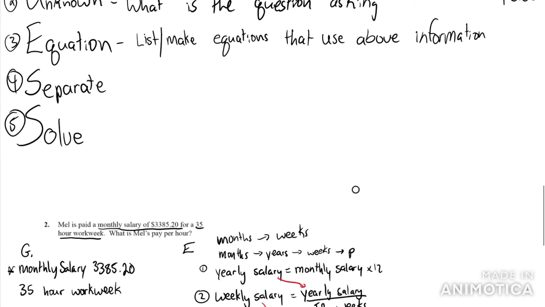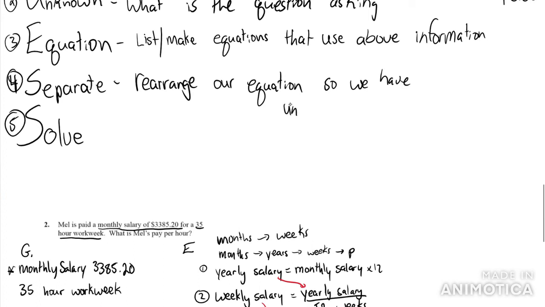Separate, one is dependent, sometimes it's already done for us. We want to rearrange our equation so we have unknown equals, and I'll just put in brackets.